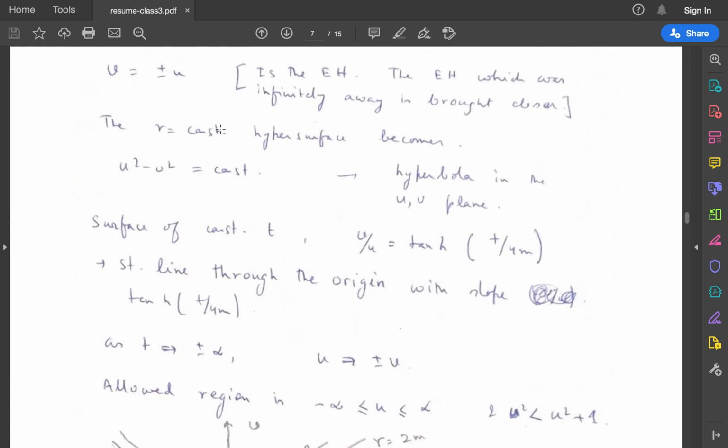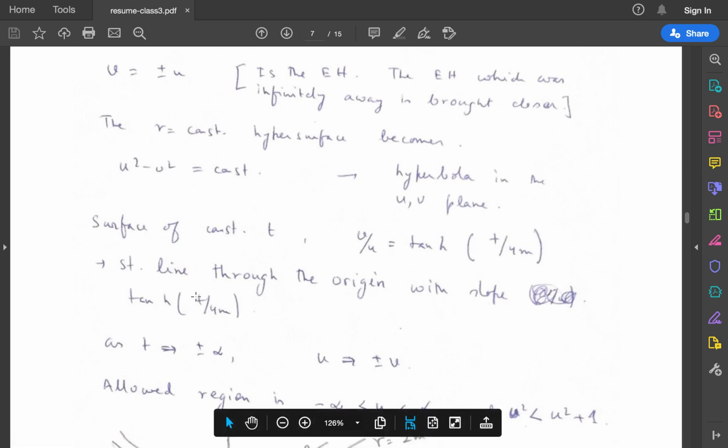This is the r equal to constant hypersurface, and the surface of constant t is v by u equal to tan hyperbolic t by 4m. So what is this? This is a straight line through the origin with slope tan hyperbolic t by 4m.